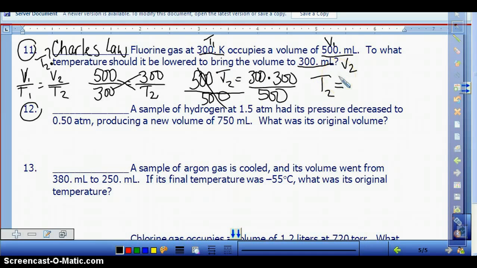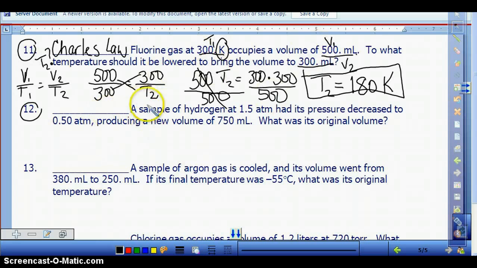Give everybody a second to do that. And you should have had around 180 Kelvin because we're matching our unit to T1's unit. And that should be one of your choices in your answer bank.